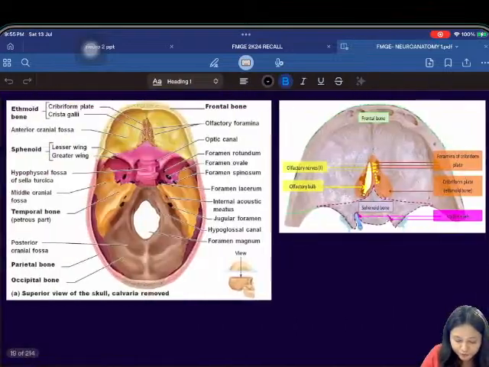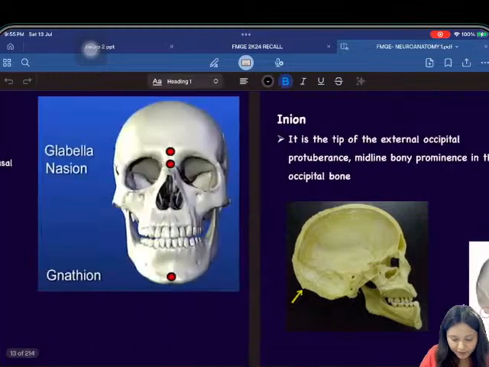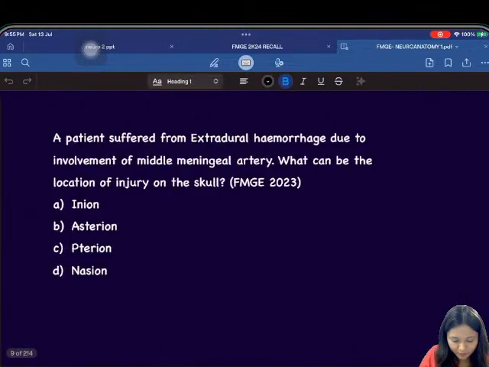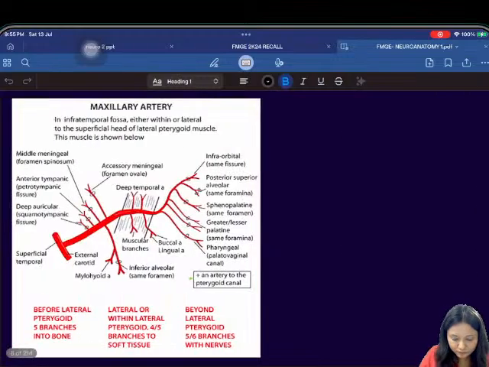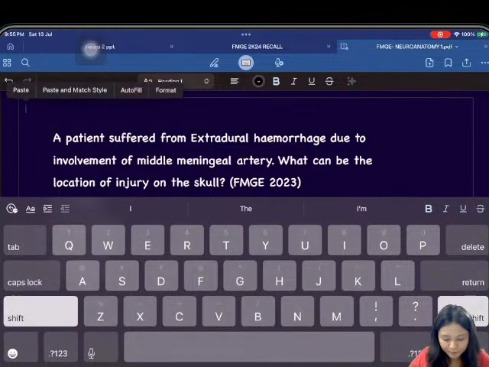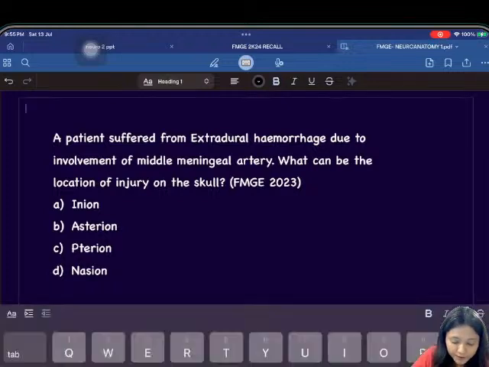So I just want to recap the pterion a bit because many questions came on that. A question came as: a patient suffered from extradural hemorrhage due to involvement of the middle meningeal artery.